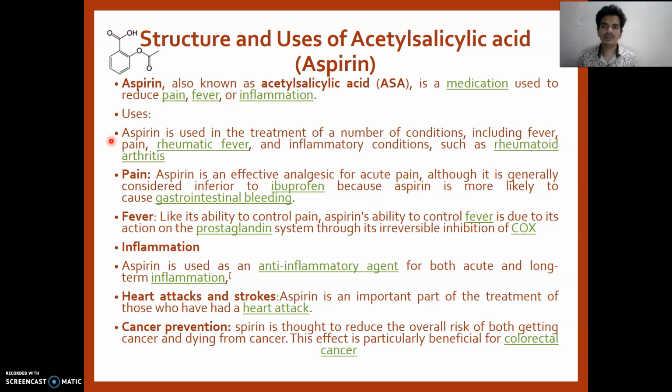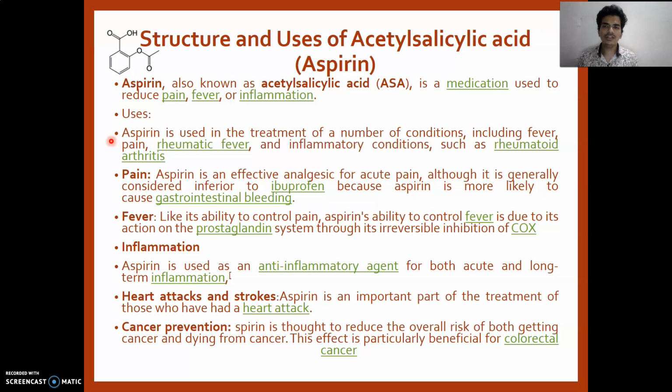Aspirin is an effective analgesic for acute pain apart from joint pains. Although it is generally used, ibuprofen is often preferred, because aspirin is more likely to cause gastrointestinal bleeding. So it is used in some pain relief cases.